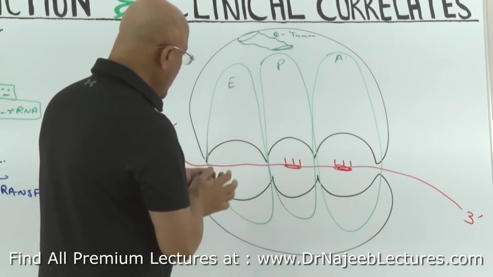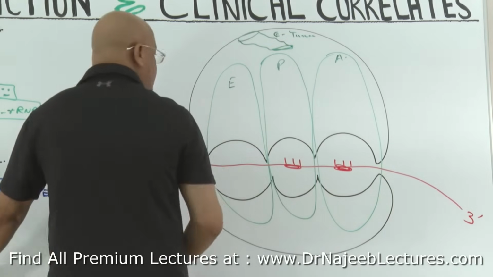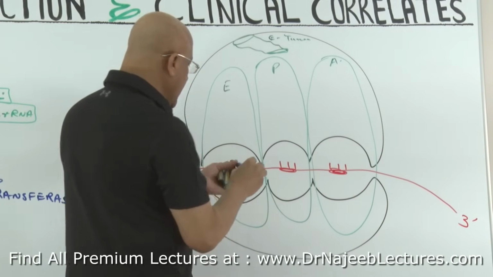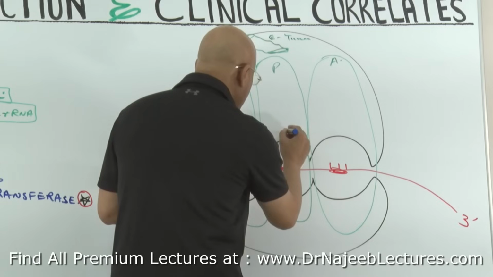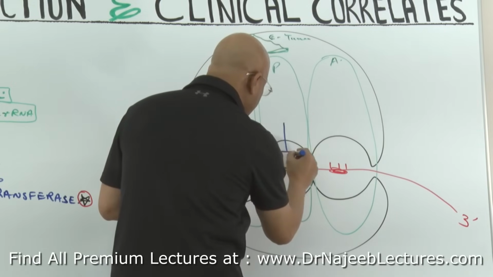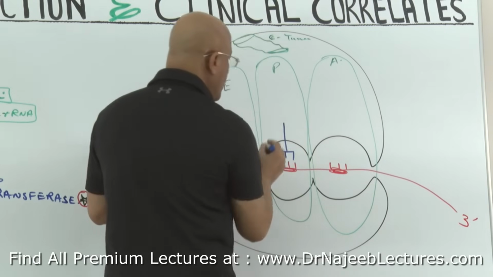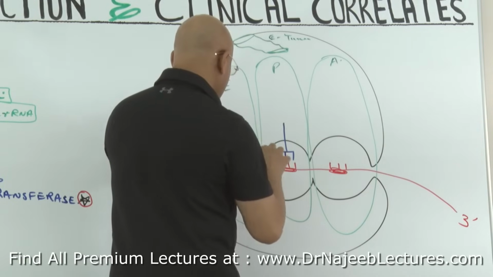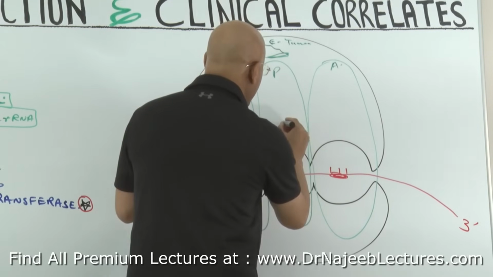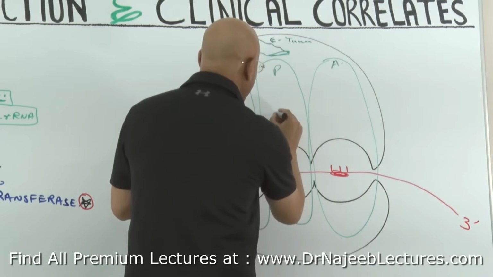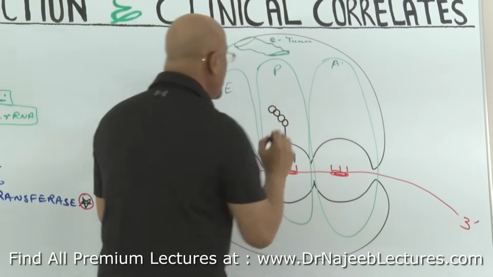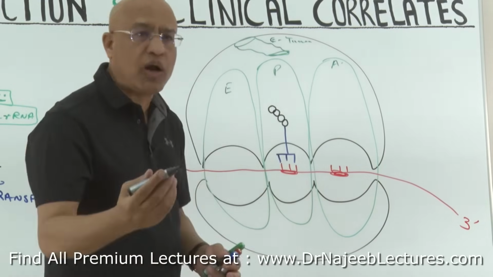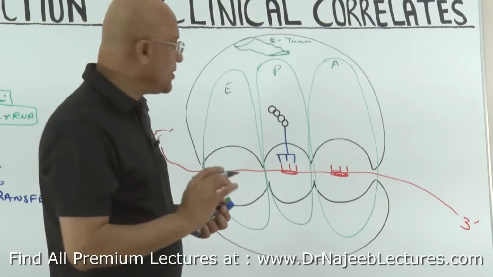Now, I'm going to just remember why we call it A site and why we call it P site. Actually, here is the transfer RNA which is carrying what? It is carrying, yes, recently formed oligopeptide, which is also called nascent polypeptide chain, right?